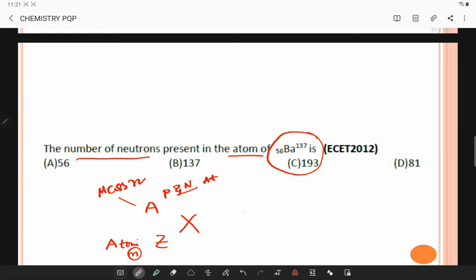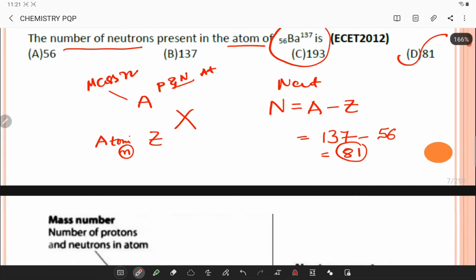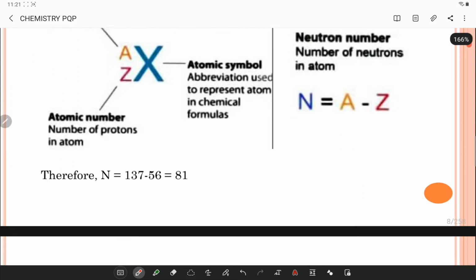This is how the atomic symbol is given, and here the number of neutrons is given by the formula A minus Z. In this case 137 is the value of A and Z value is 56. So the answer is 81. For understanding, you can even refer to this also.